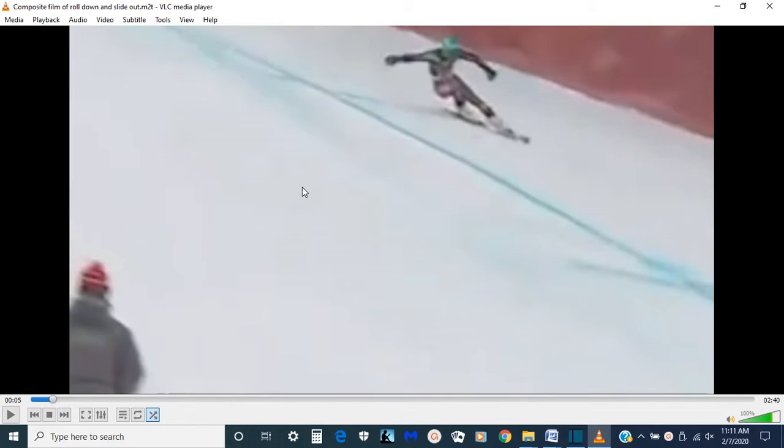But worse than that, he pulls that arm back. Right. Pulling the inside arm back. That's anti-counter rotation. He's rotating the wrong way. Look at his chest. It's going directly towards the line of his skis. That is not what you want, right?